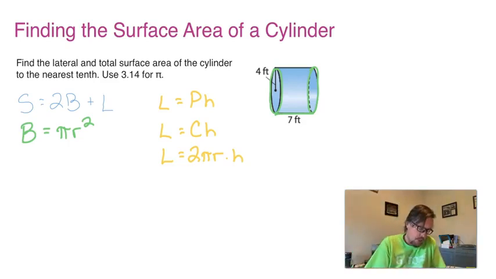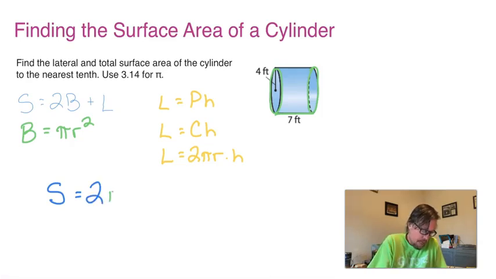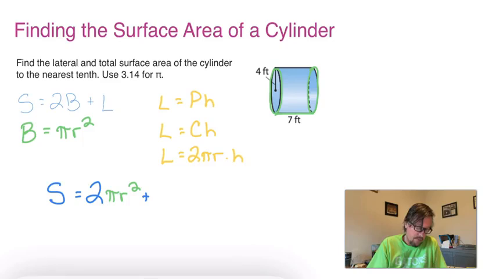So let's put all this together. Our surface area formula is going to be 2 times pi r squared, that's 2 times the base, plus the lateral surface area, which is circumference times height, and that is 2 pi r times h.